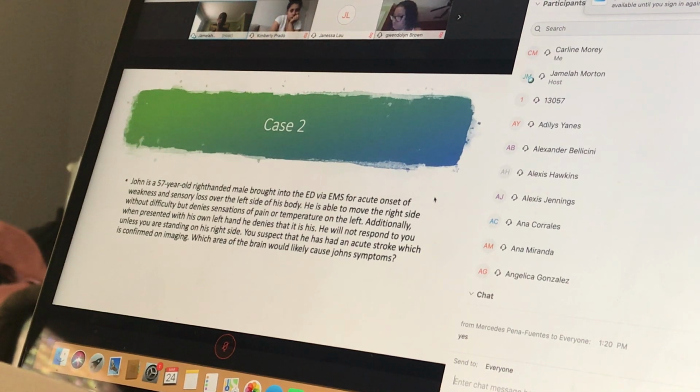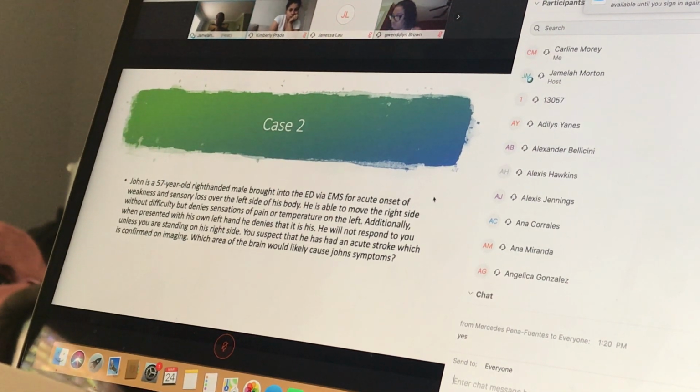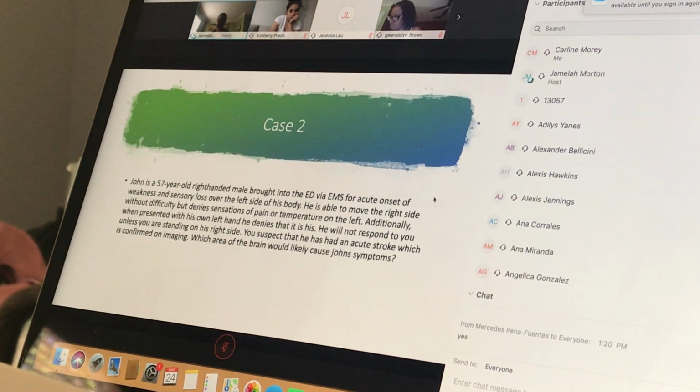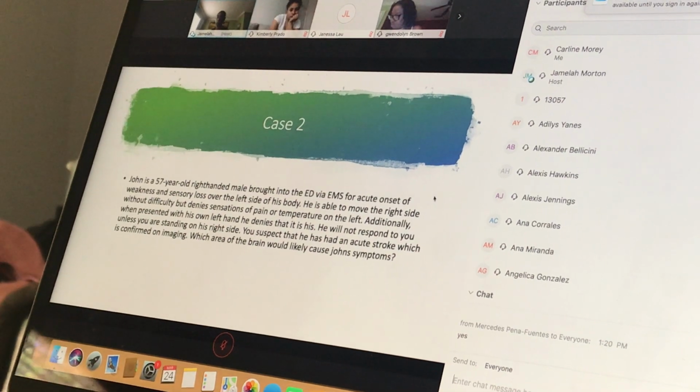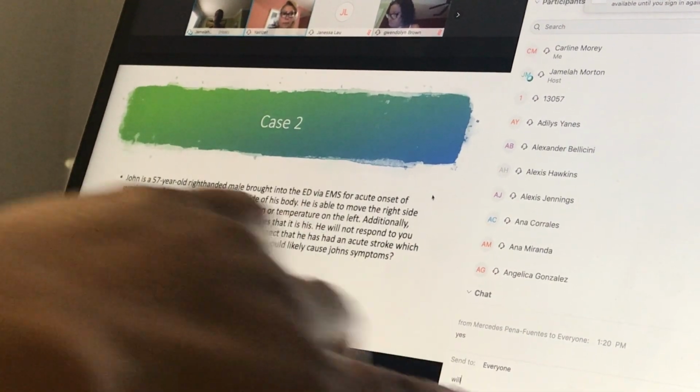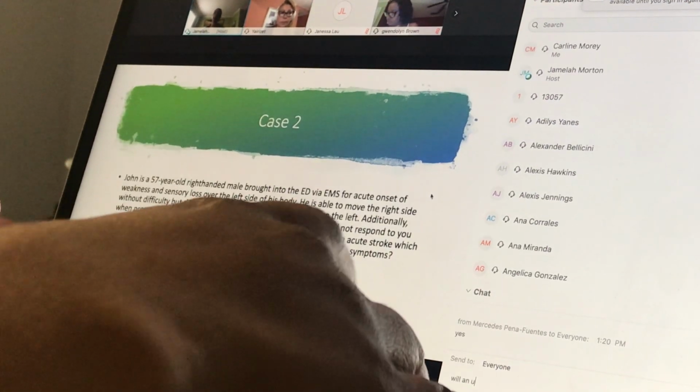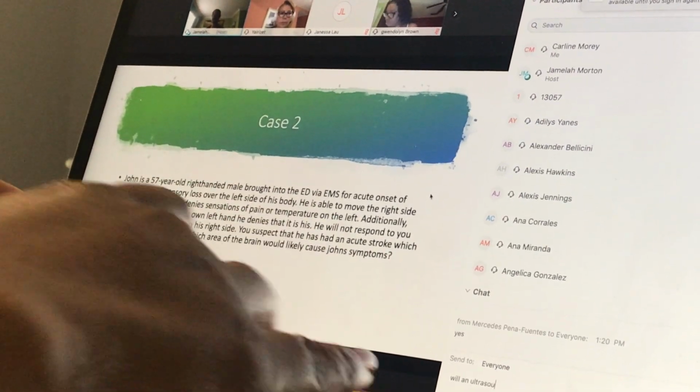All you can say is that there's an area of hypodensity that you need to evaluate further. Remember, CT is great to look at blood, great to look at bone, not so great to look at tissue. So if there's something acute going on in the tissue, you will need an MRI of the brain. So that is where you're going to move to next.